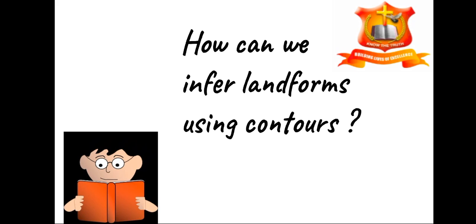Got it? The inside of the smallest closed circle is the hilltop. Now, contour lines forming a ridge tend to be U-shaped or V-shaped. The closed end of the contour lines points away from high ground.